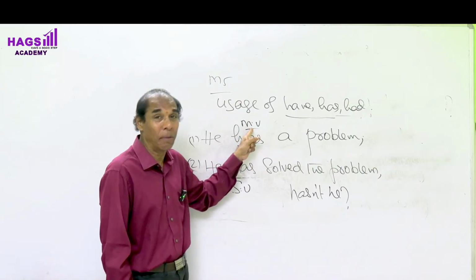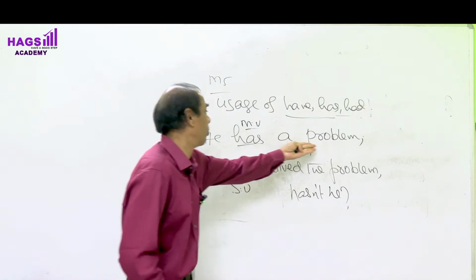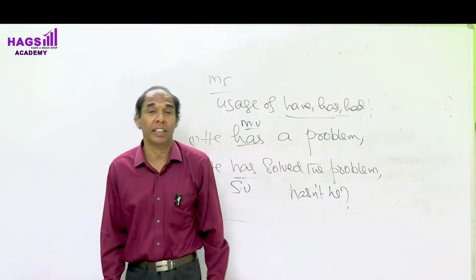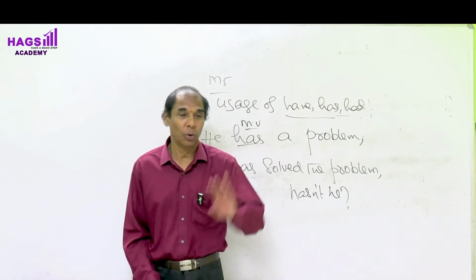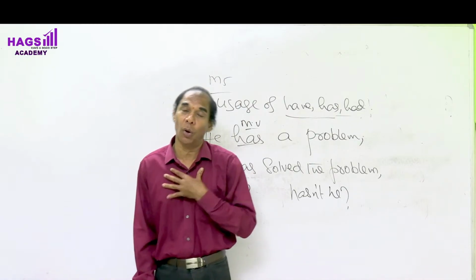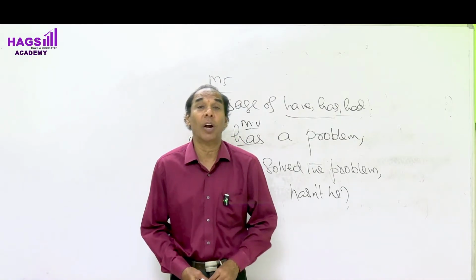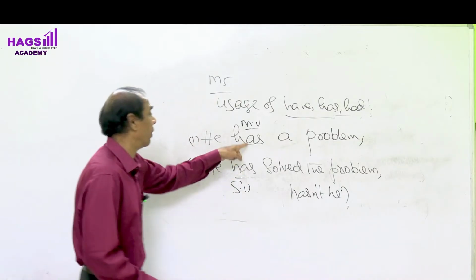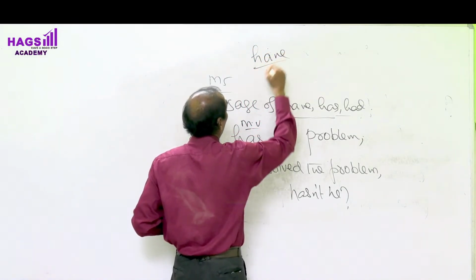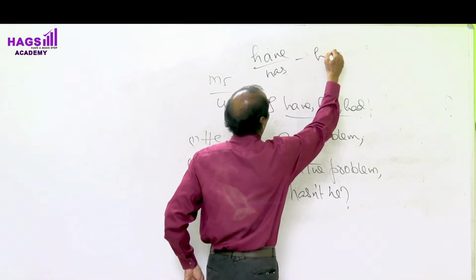It means there is no special verb in this sentence. When there is no special verb in the sentence, what do you have to do? Borrow do or does or did. When we want to borrow do or does or did, what do you have to do? We have to write the three forms of the verb. What are the three forms of the verb have? Have, has. Had, had.